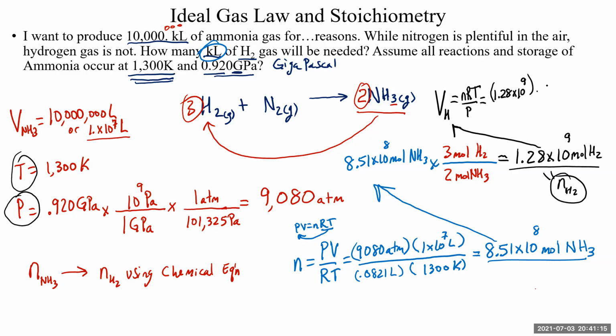R is always the same value, 0.0821, times the same temperature. Everything is held at the same temperature and pressure, so 1300 kelvins, all of that divided by the same pressure of 9,080 atmospheres.